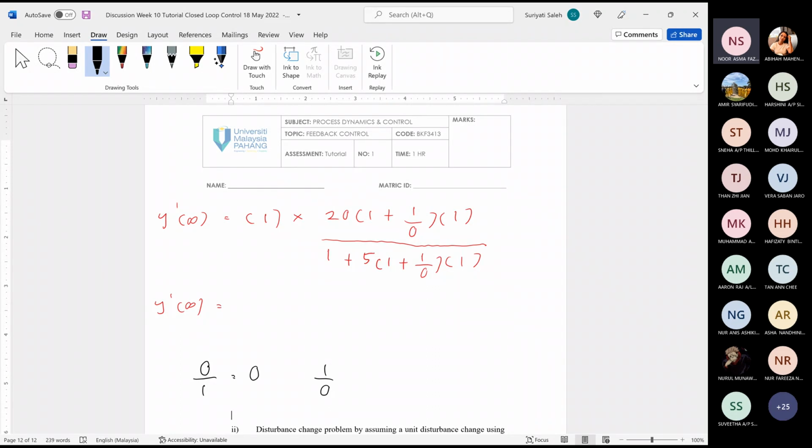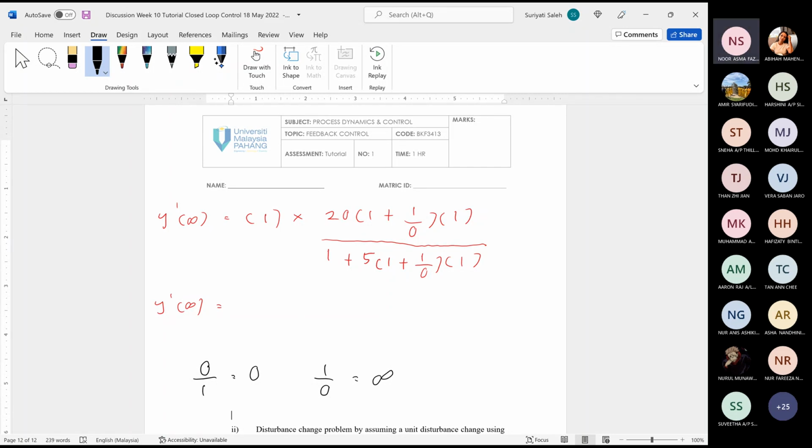Based on the mathematical expression, when we have 1 divided by 0, this becomes infinity. This is the common understanding in the mathematical formulation. 0 divided by 1 is equal to 0, but 1 divided by 0 becomes infinity.